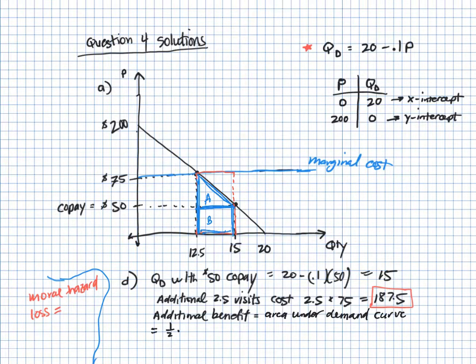So the area of triangle A is going to be 1/2 base times height, which is 1/2 times 25 times 2.5. Then we will add that to the area of rectangle B, which is length times width, which is 50 times 2.5.